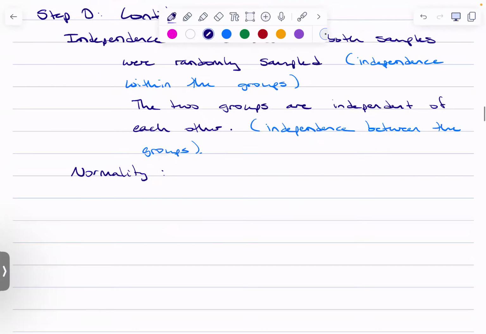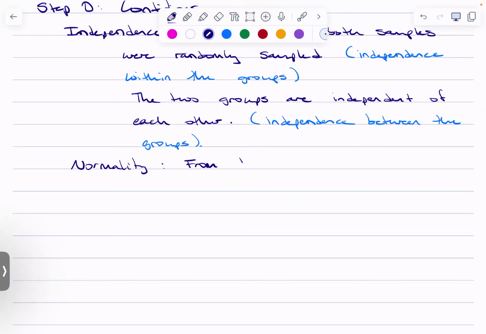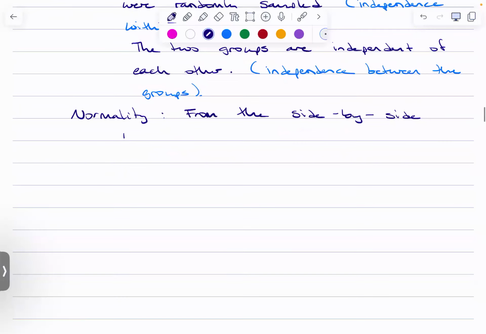And so from the side-by-side box plots, we see that neither distribution is extremely skewed.